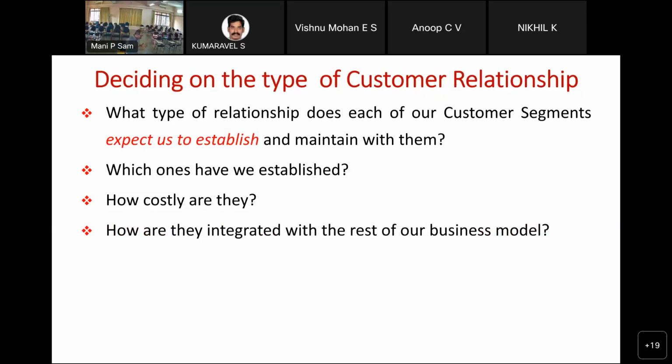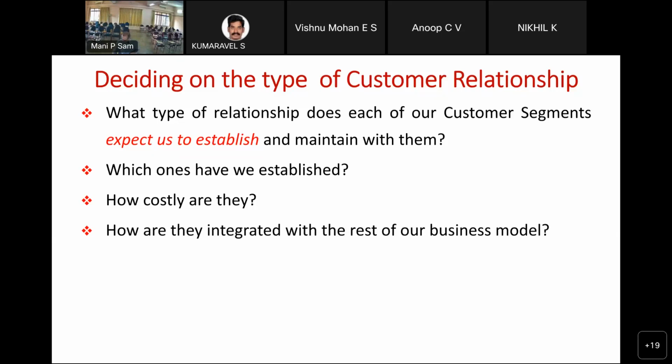So we are again looking at most of what we discuss from the customer's perspective. Customer relationship is something as required by the customer. Then, are you going to immediately jump into that? What have you established? How costly are they? It can be integrated with the existing business model. So you really have to come up with a way of meeting the customer expectations by fine-tuning your relationship.